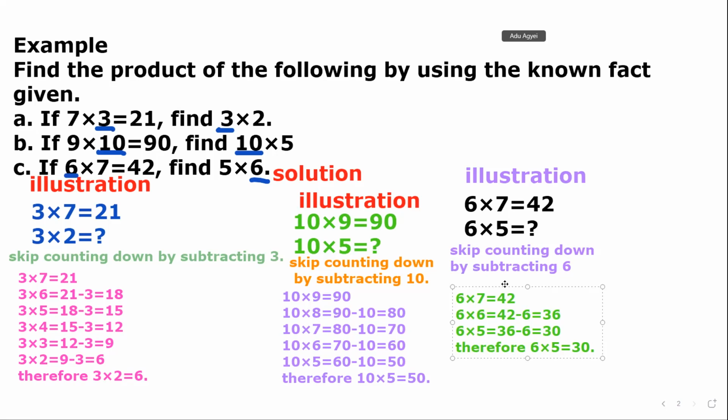And 6 times 7, which is 42, is also a known fact. Those that we know the answer to are called known facts, and those that we don't know the answer to are called unknown facts. So when a particular number appears in the known fact and at the same time in the unknown fact, that number we take to be the multiplier.